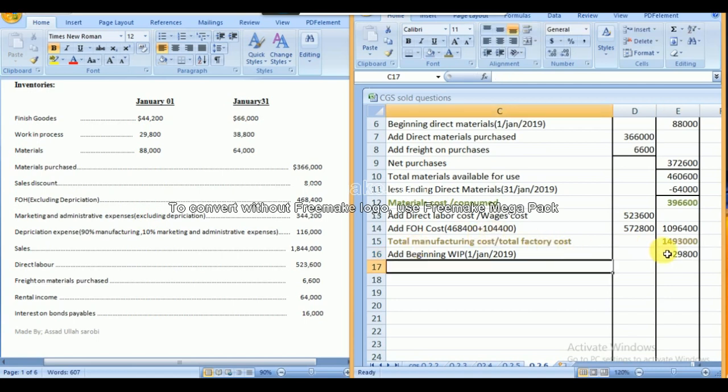Look at the 14,93,000 work in process, that is of the month of January. But before January, in December, the 29,800 work in process remained. So we will add both the work in process. So now we have total work in process. How much is the total work in process now?